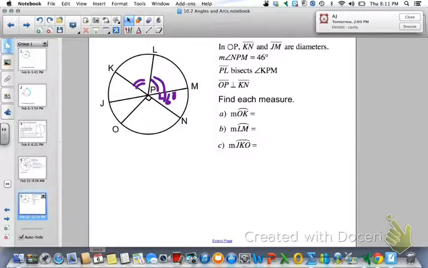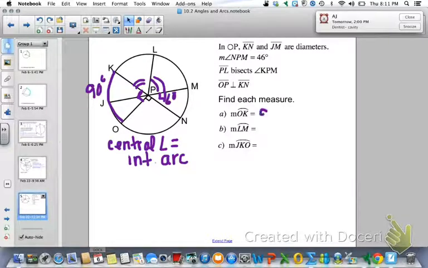We also know that OP is perpendicular to KN, so I've shown you a right angle here at OPN, which also means you have a right angle here at KPO. So we're going to find each measure, and the first one is the measure of this arc OK. Well, remember that central angles have the same measure as their intercepted arcs. Okay, so if the angle is 90 degrees, then its intercepted arc is also 90 degrees. There's our first answer.